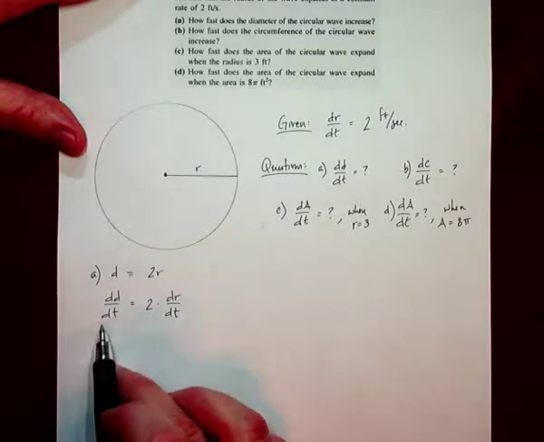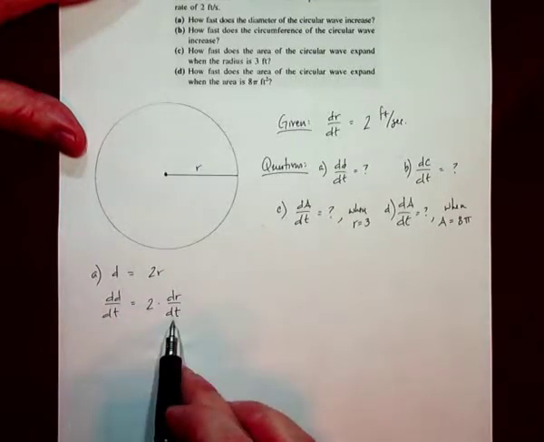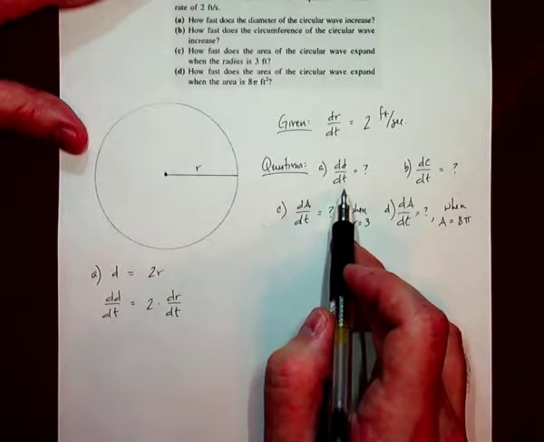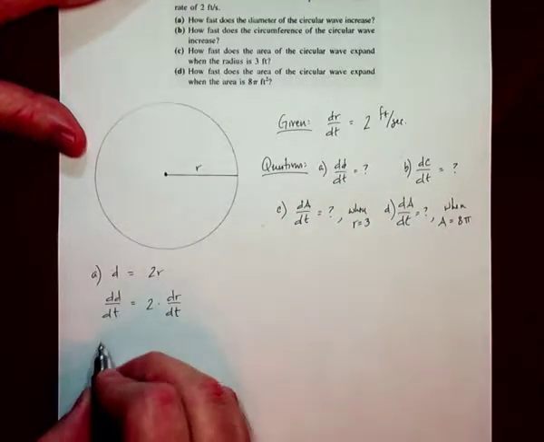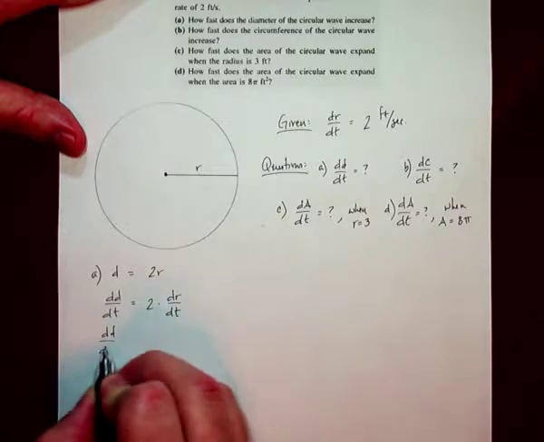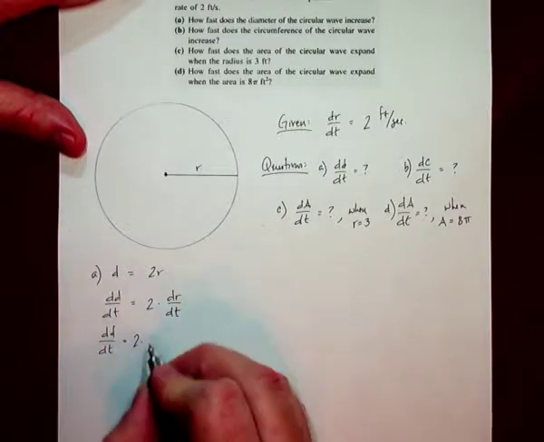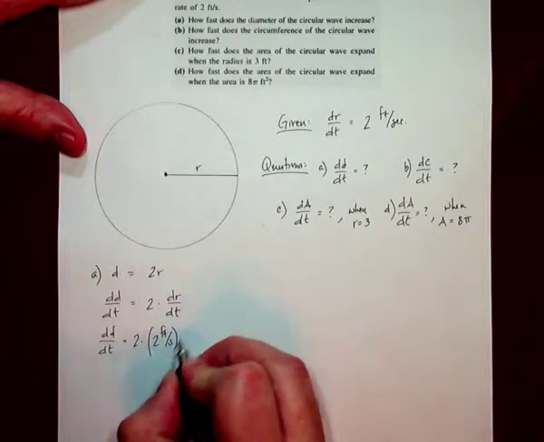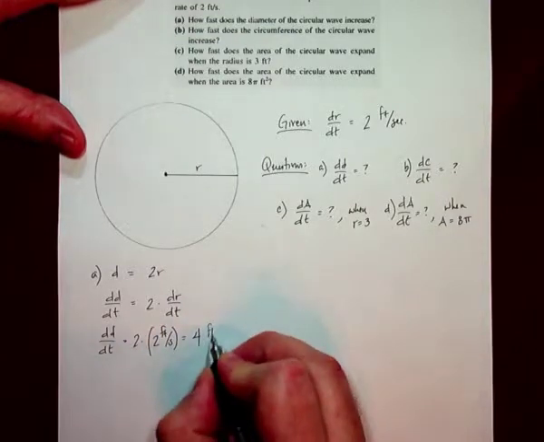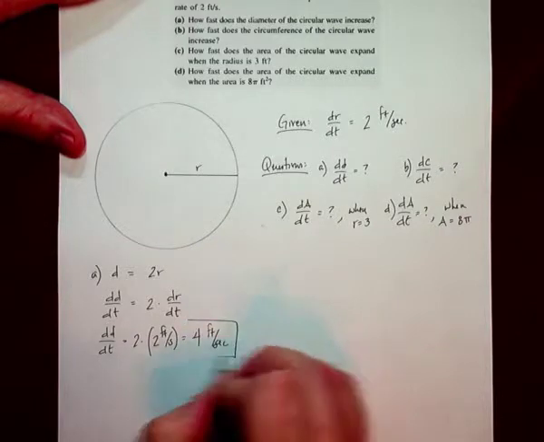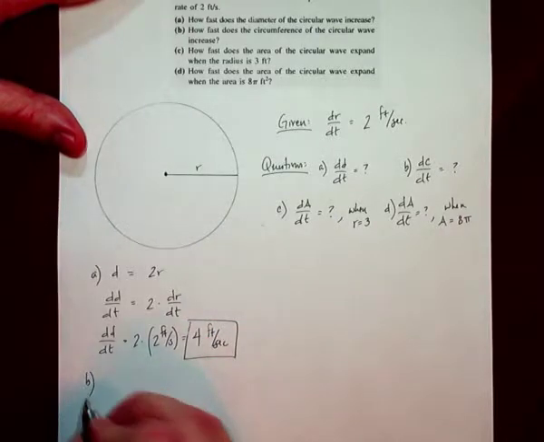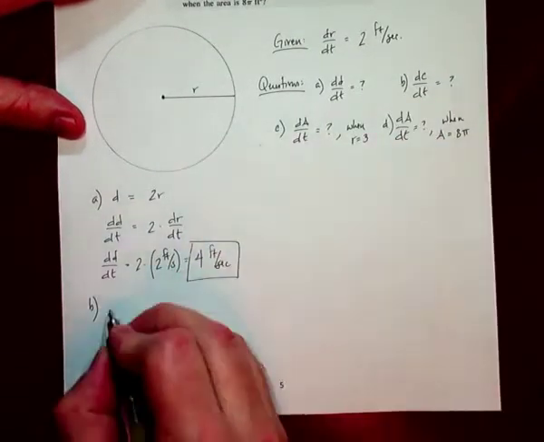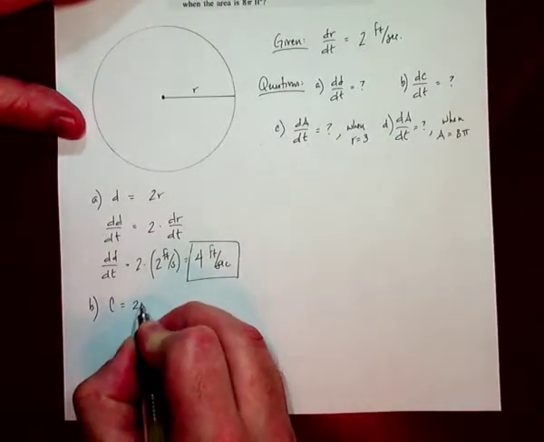There's no d left over and no r left over, which is why I don't need a conditional piece of information here. I have everything that I need. My dd/dt is simply 2 times dr/dt, which is 2 feet per second, and therefore it's 4 feet per second. And ta-da.